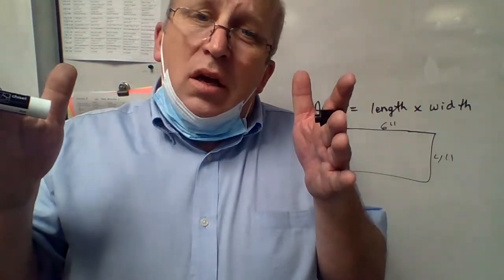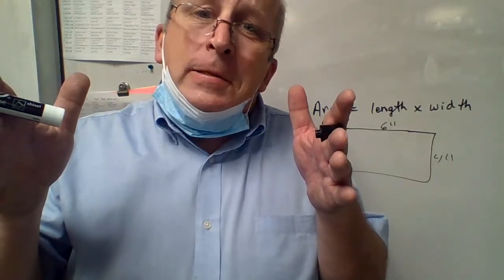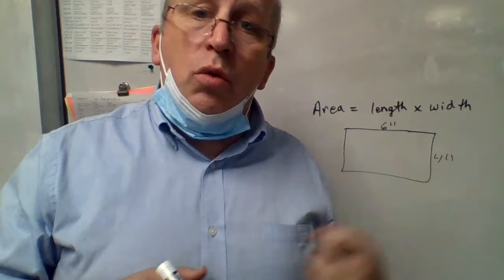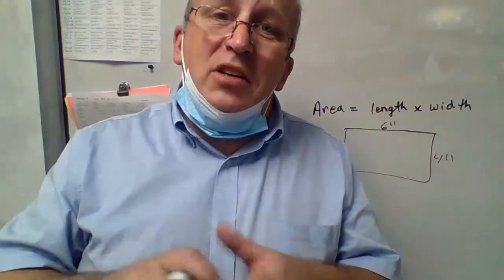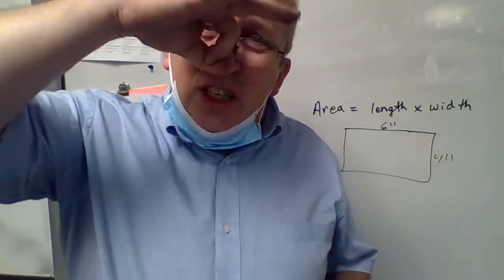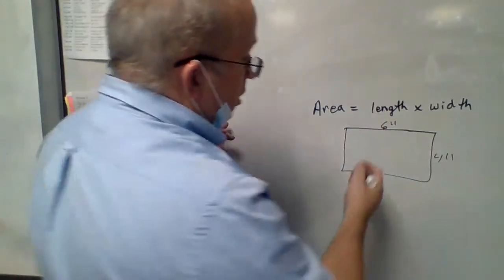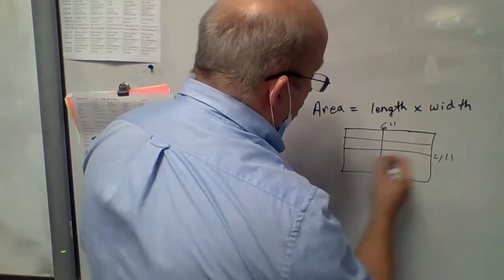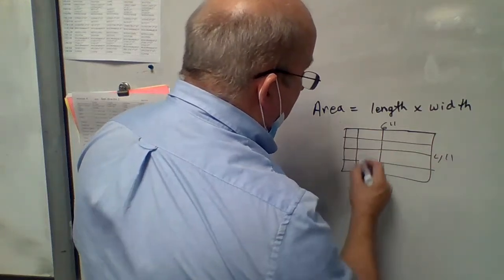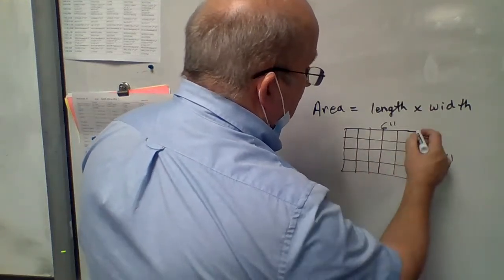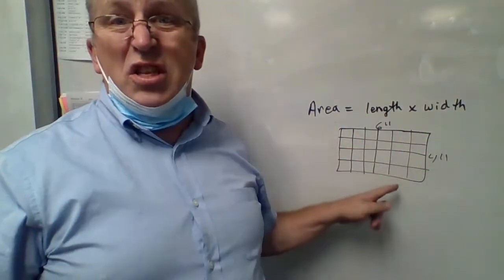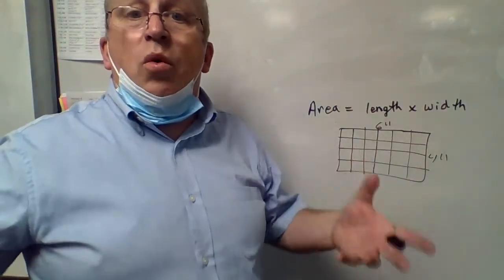That is talking about how much space the rectangle is taking up, in square inches. So I could do this manually by dividing this into 4 rows vertically and 6 rows horizontally, and then you'd see that there's 24 different squares there, hence the area is 24 square inches.